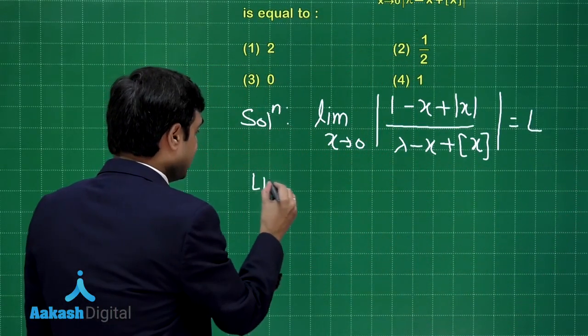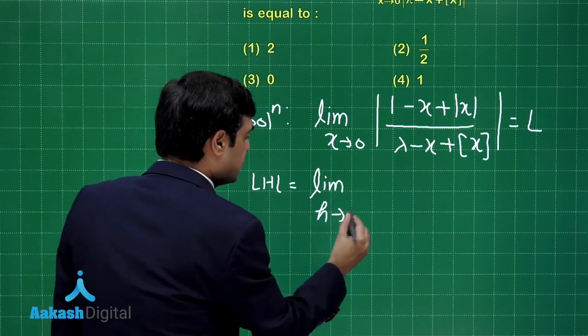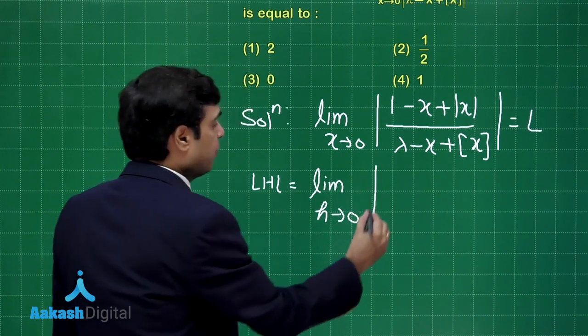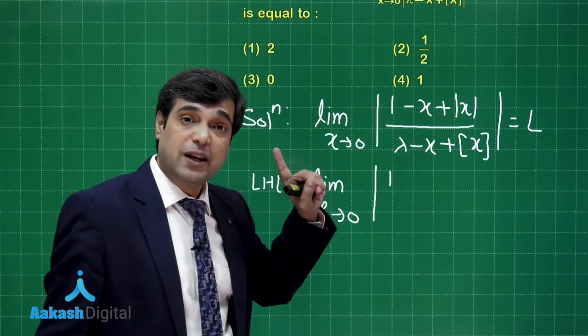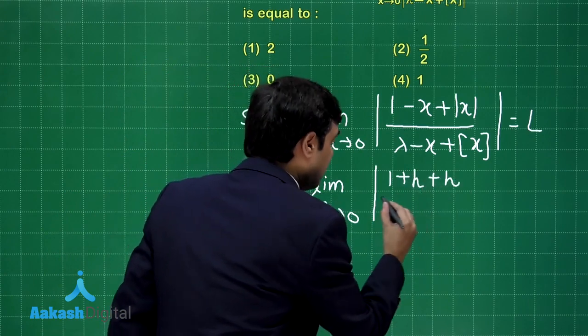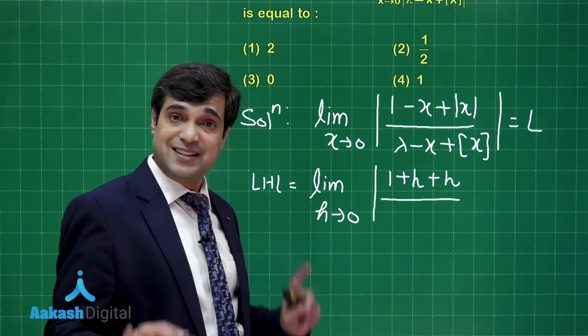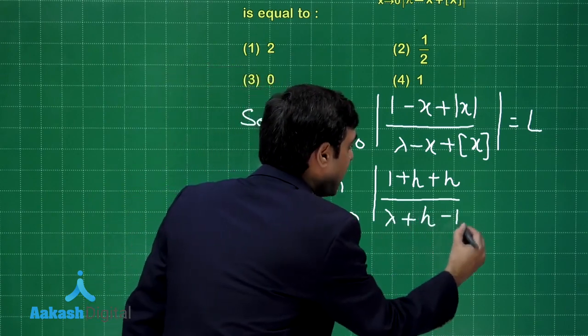When we go for LHL, this is limit h approaching to 0, modulus of 1 minus, instead of x we write 0 minus h, so it is plus h, because mod of minus h is simply h, divided by lambda plus h minus 1.